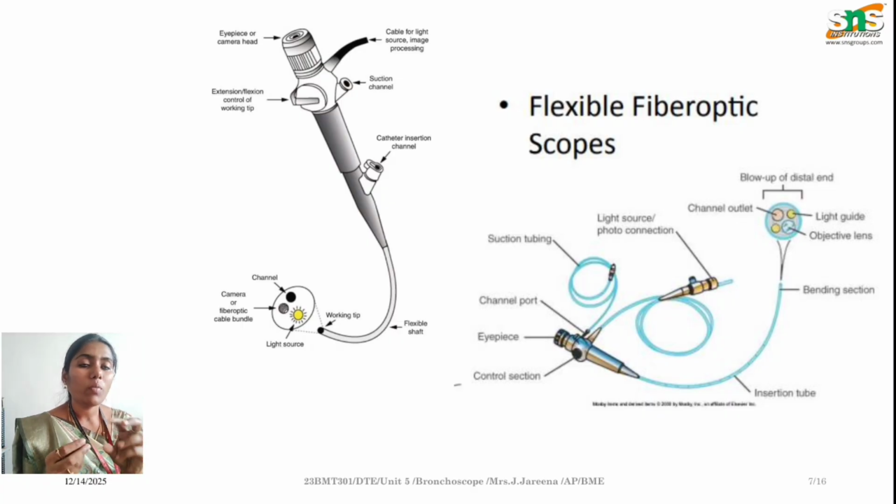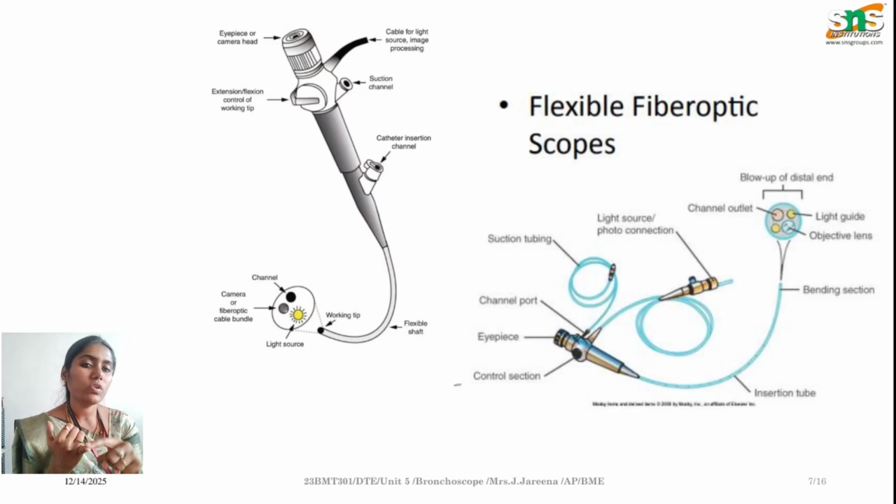And we have a knob to control the working tip, and we have the option of sending the catheter. That is the one way through which the catheter is sent, and then finally reaches the point of contact. If you look at the tip of the working end, you can see three small round circles.